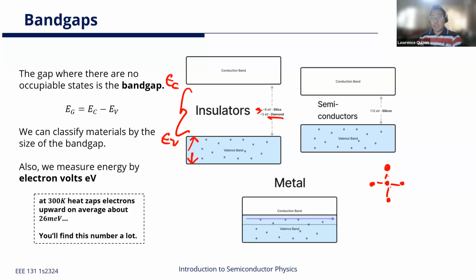And it makes it so that it takes around 5 electron volts of energy to actually break that binding energy and separate the electron from its hole, meaning that the electron becomes a carrier, the hole becomes a carrier. No, so insulators are extremely hard to break like this.